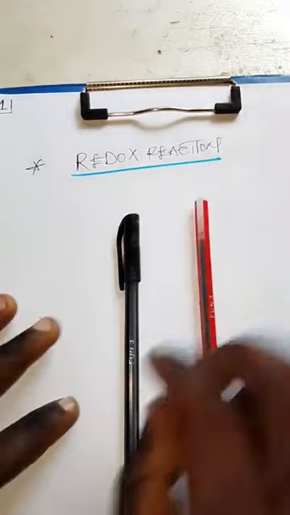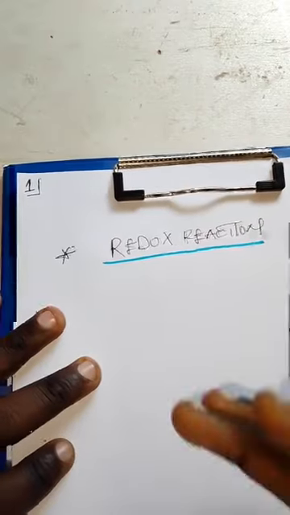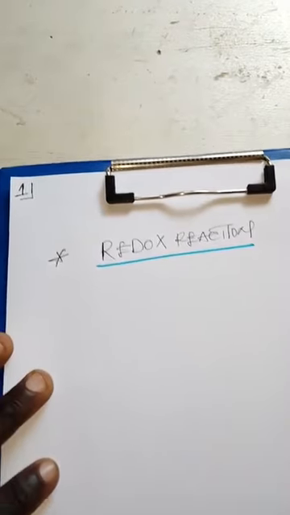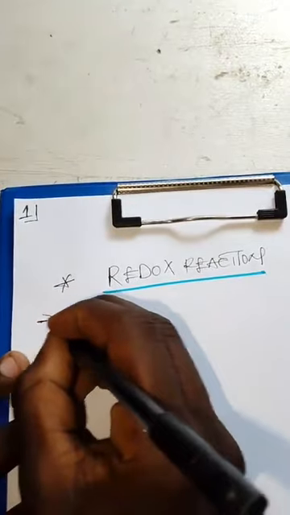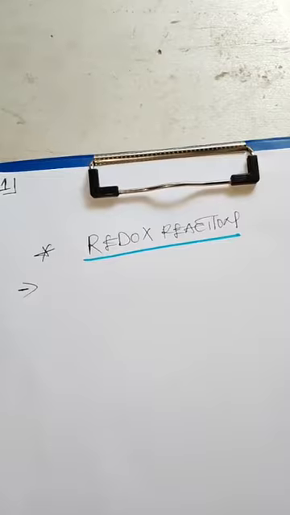Redox reaction. So what is a redox reaction? A redox reaction is one that has both reduction and oxidation taking place simultaneously. You need to have a pen and paper or a book, and you should be writing the points that you see are very important to you.